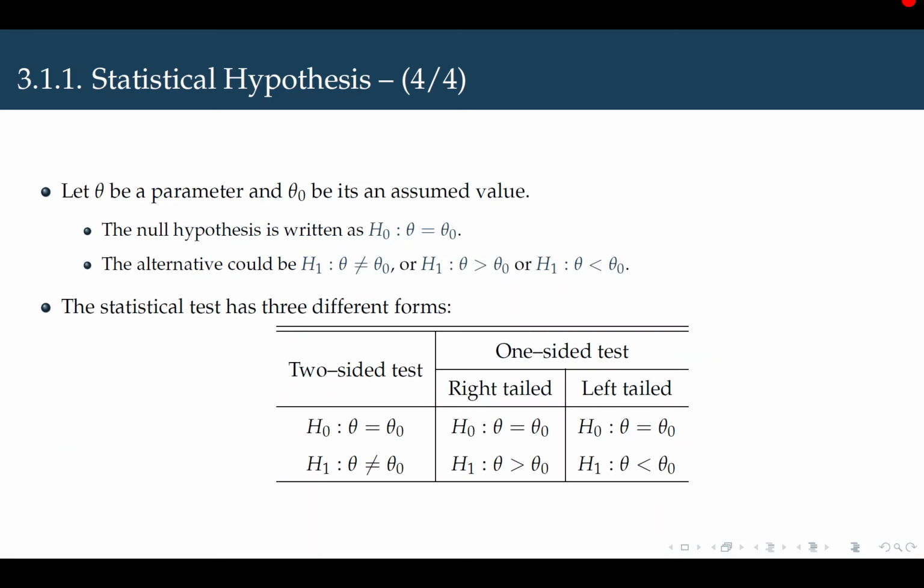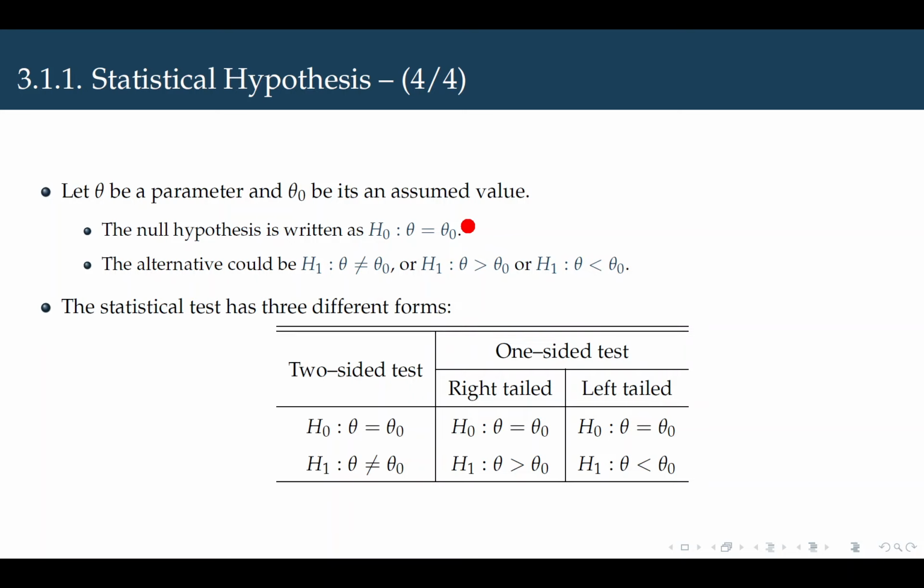So now again let's assume theta be a parameter of interest and let theta naught be its assumed or hypothesized value. So the null hypothesis is going to be written as H naught: theta equals theta naught. That means the population parameter and the assumed value have no difference.